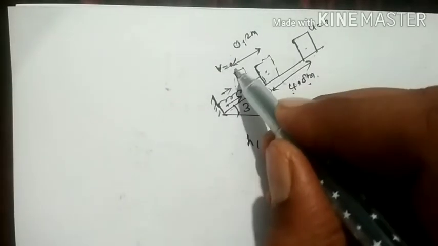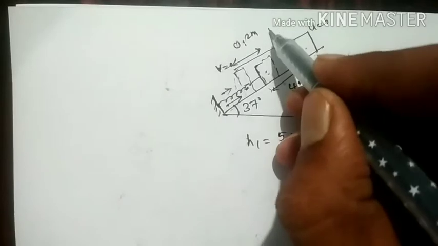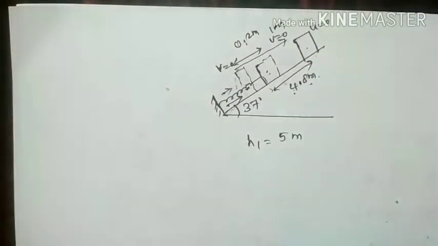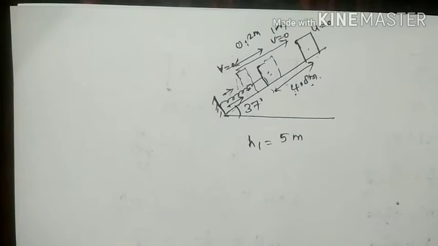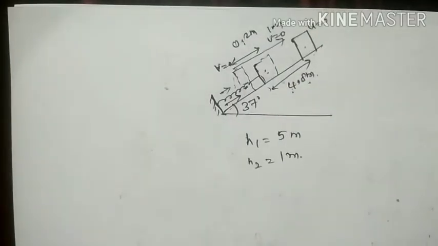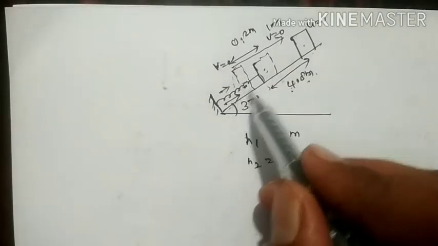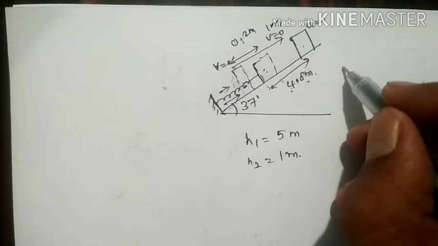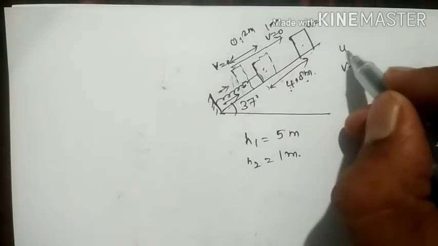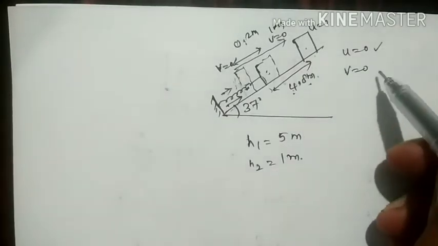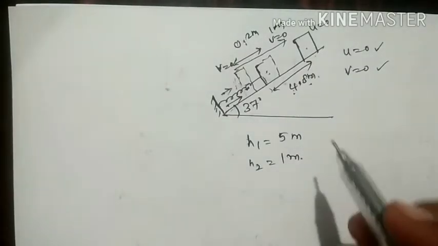So finally the block moves up a distance of 1 meter, and here it comes to rest. Starting from 5 meters, from this point the block is at rest, and the final velocity is also 0. For the total motion of the block, initial velocity is 0 and final velocity is also 0.